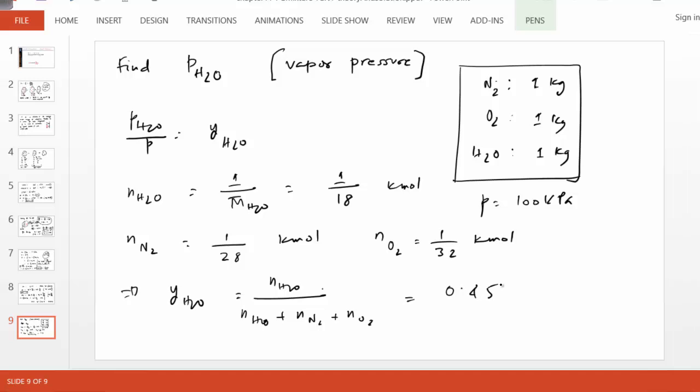So this is the mole fraction of water vapor, and since the total pressure is 100 kPa, therefore P of H2O is simply 45 kPa. So we found the partial pressure of water vapor.